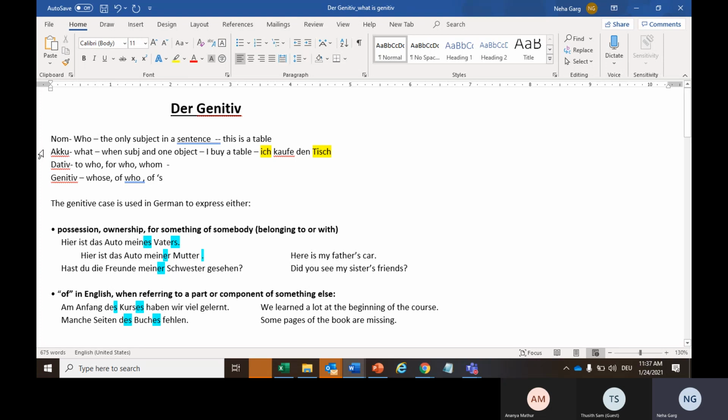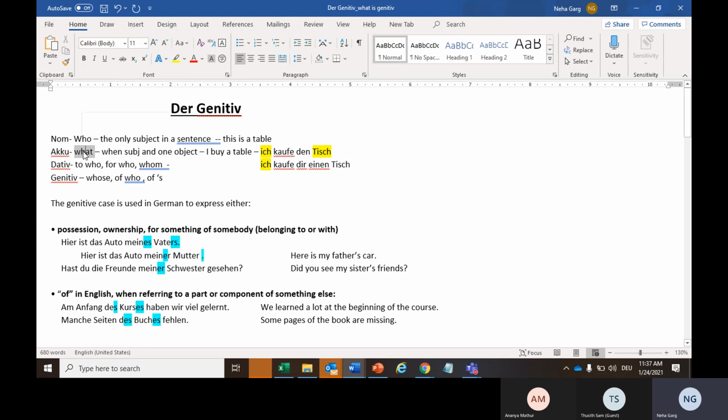Now talking about the dative case, this is nothing but to whom or for whom something is being done. Kaufe dir einen Tisch. In this particular example, who is buying a table? I am, so I will be the nominative case.